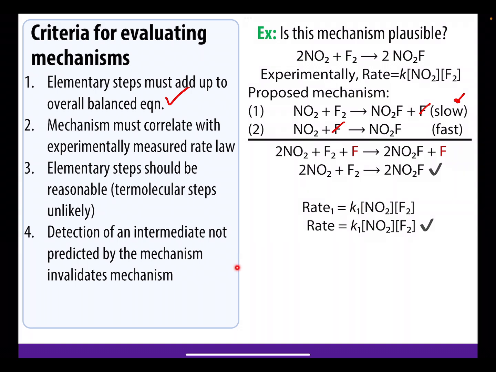And because that's the slow step, the rate of the overall reaction is equal to the rate of the slow step, and therefore we would predict that rate law for the reaction. If we compare to experiment, it shows NO2 times F2, both first order. That's what we see here as well, NO2 times F2, both first order.